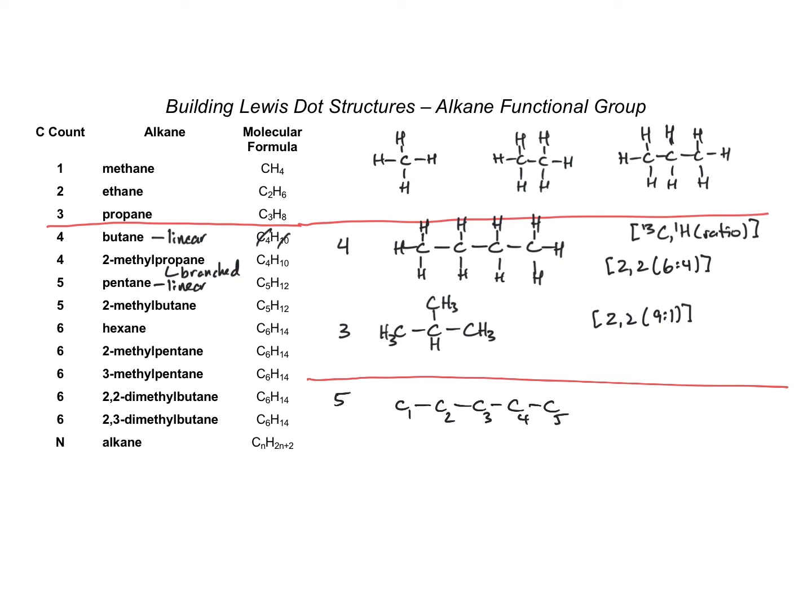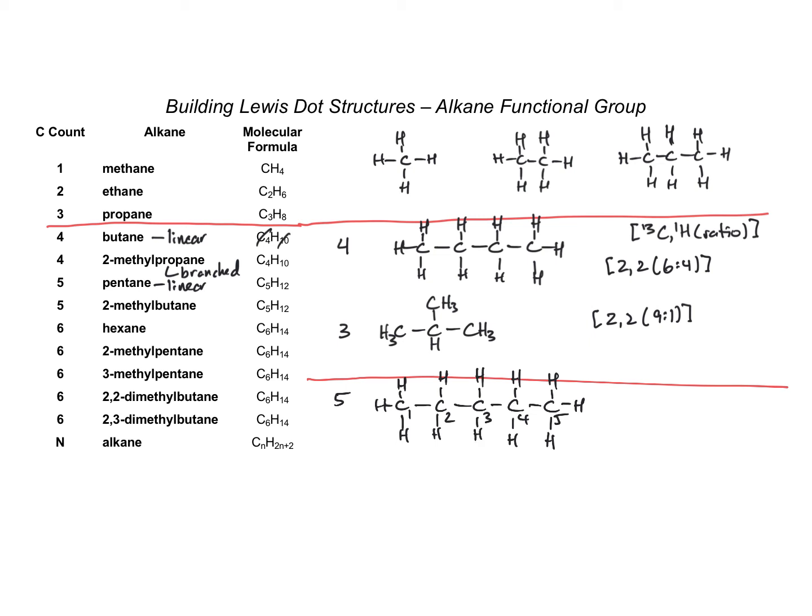We need 12 hydrogens. C1 and C5 both get 3. So that's 6. C2 and C4 both get 2. C3 gets 2.